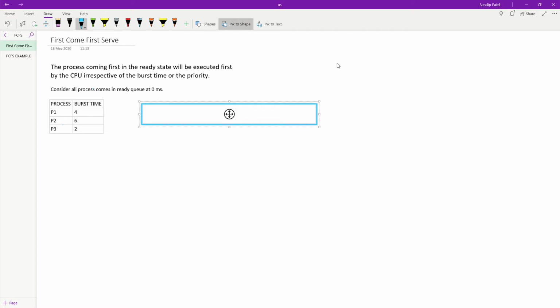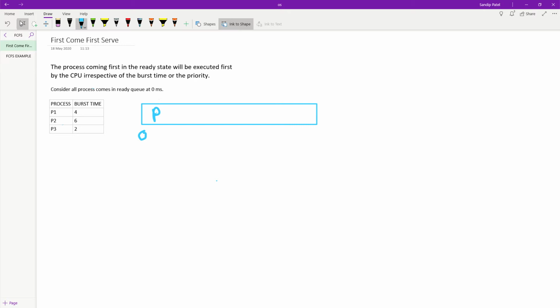Now in this Gantt chart, we're considering it as a CPU, right? So this CPU always starts with 0 millisecond, right? So at 0 millisecond, how many processes are available in the ready queue? You can see that's P1, P2 and P3. So out of this, using the algorithm FCFS, we will first pick up the process P1, and it will be allocated to the CPU, right?